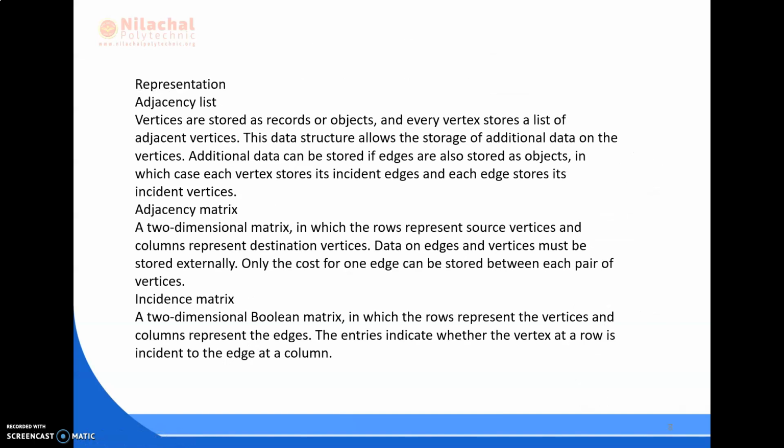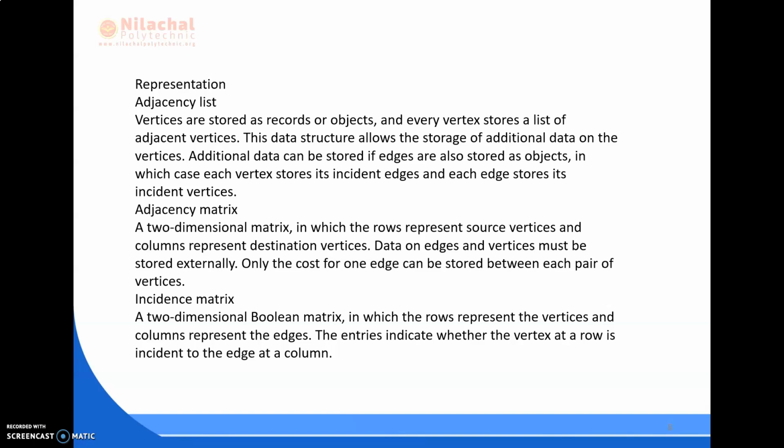At the very last part, we will be discussing the topic of representation of graph in memory. It is represented basically in three ways, that is adjacency list, adjacency matrix, and incidence matrix. In the adjacency list, the vertices are stored as records or objects, and every vertex stores a list of adjacent vertices.